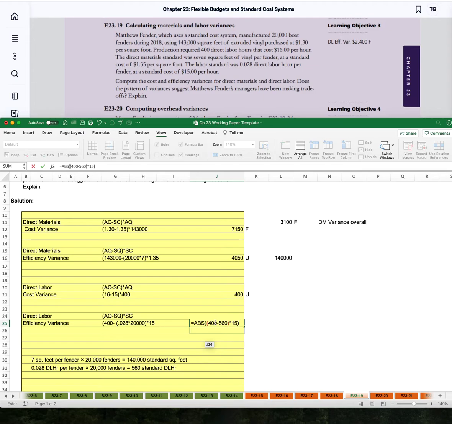So we were more efficient than we expected. So we have a favorable variance here. And like we did with materials, we could calculate a direct labor overall variance, which would be 2,000 favorable.